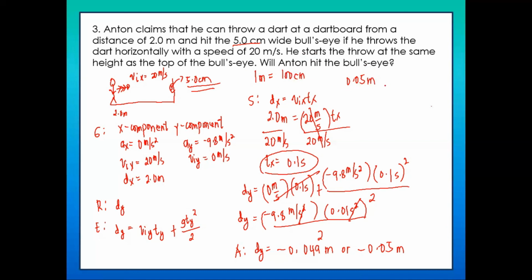This is the given unit multiplied by the desired unit, centimeter, divided by the given unit, 1 meter, so that the unit cancels. For the answer, we just move the decimal point 2 times to the right, 1, 2. So it becomes 5.0 centimeters. He hit it. Yes, that's the answer. So, Anton hit the bullseye.